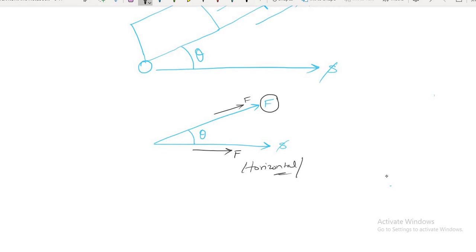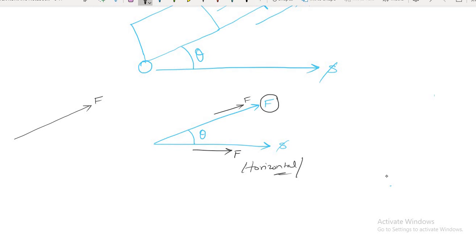Let me show you how. Always remember, if I have a force along any direction, remember it like this. We will not go to the depth of mathematics here.